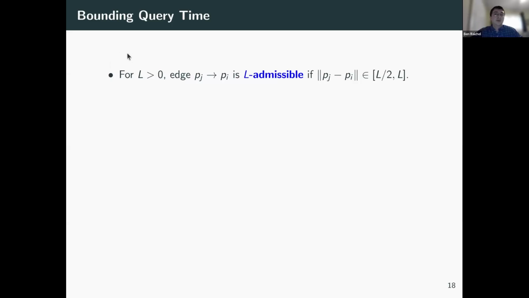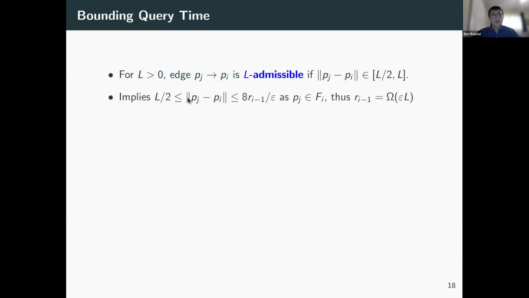So if I want to bound the query time, I can do the following sort of trick. I can bin distances by their scale. Okay, so here's L. L is some value, some distance. I'm going to call the edge Pj to Pi L-admissible if the distance from Pj to Pi is in the range L over 2 to L. So it's roughly L, within a factor of 2.